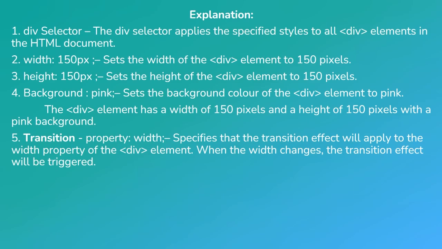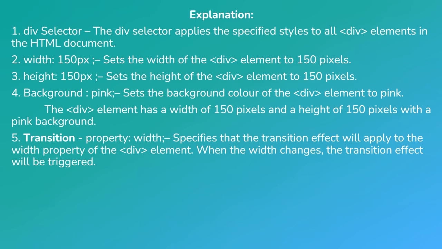Height 150px sets the height of the element to 150 pixels. 4. Background pink sets the background color of the element to pink. The element has a width of 150 pixels and a height of 150 pixels with a pink background.